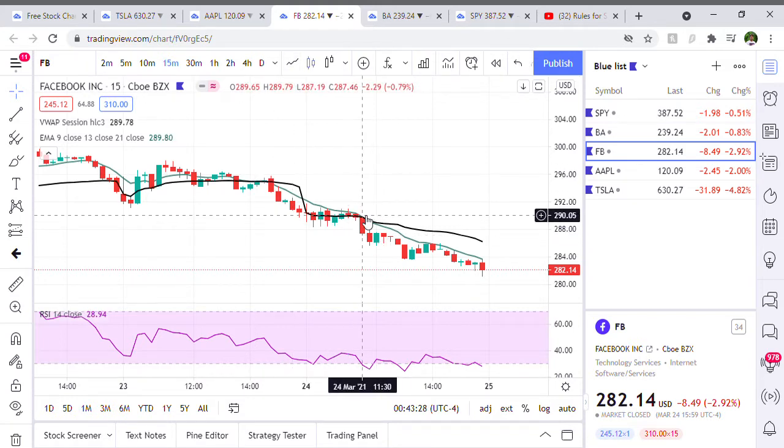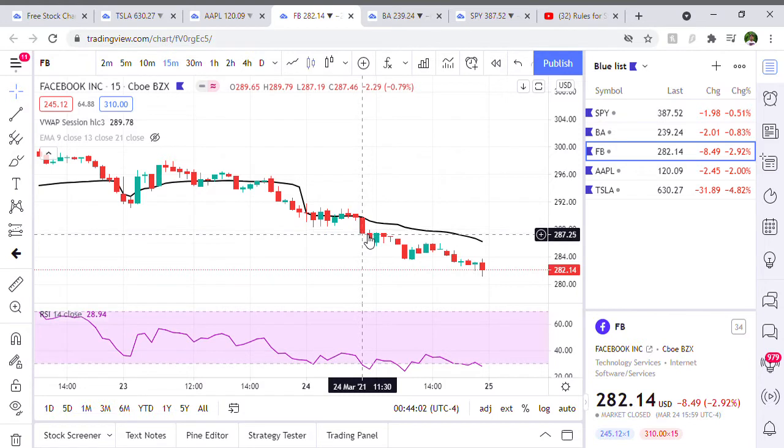Sorry, the high of the candle is 289.79 and VWAP is at 289.78, means it just touched it, but it touched. So I will skip this candle also. I will wait for the next candle.